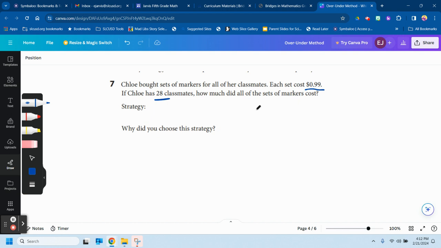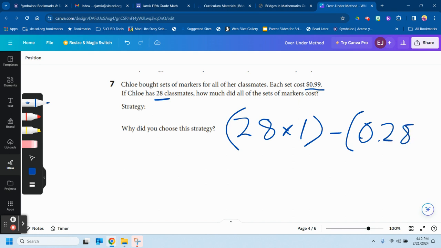If I did, this is the same as 100. I'm sorry, it's not. 28 times 1 minus 28 cents, 0.28. So I'm paying a penny more per marker, per group of markers.